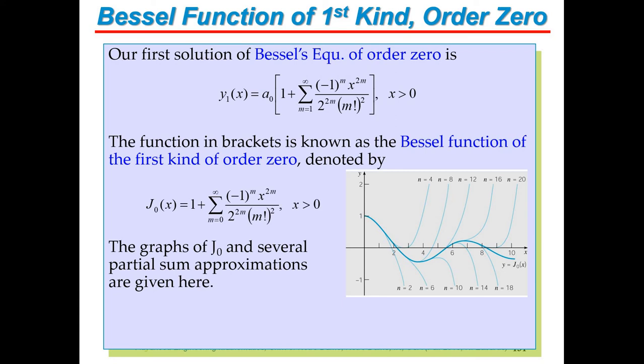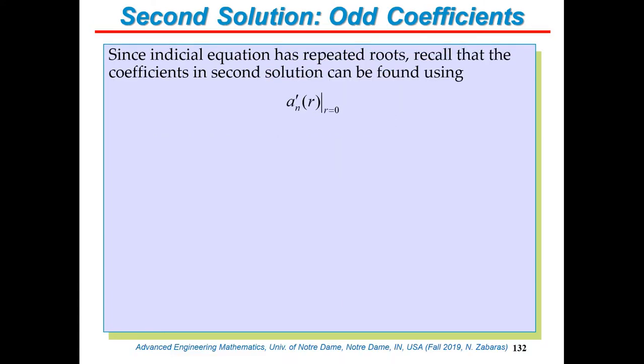So what we need to do now is find another solution that is independent of J0, or equivalently independent of y1, to complete the solution for the order 0 Bessel's equation.